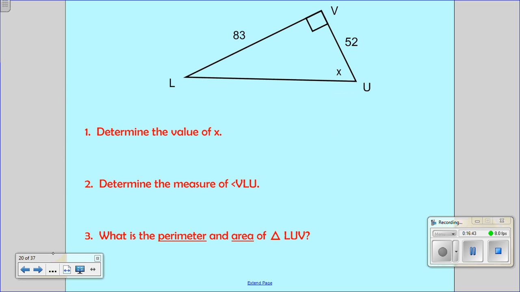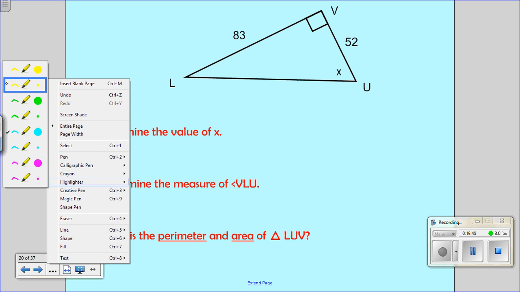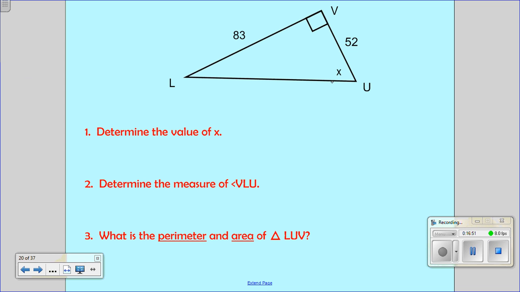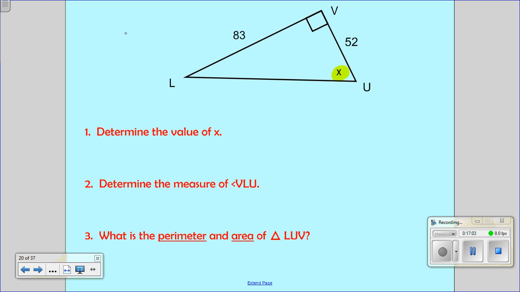All right. And on this example, it wants us to find angle X again. So let's highlight it and then label the sides according to this reference angle. So from X's position, I have the side across from it, so that means I have the opposite.